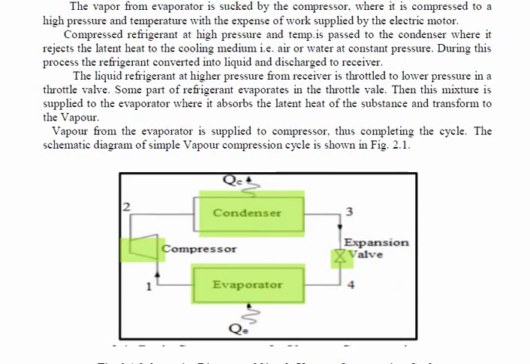Now the form of the refrigerant will change, and the wet refrigerant will go to the evaporator, where the heat is absorbed, and the refrigerant will get converted into dry vapor.